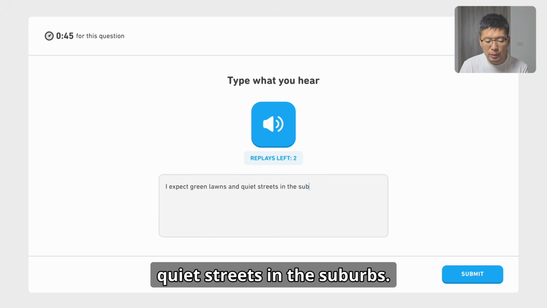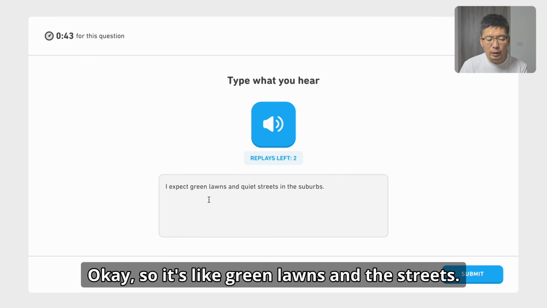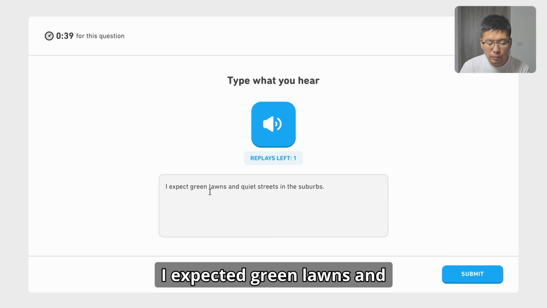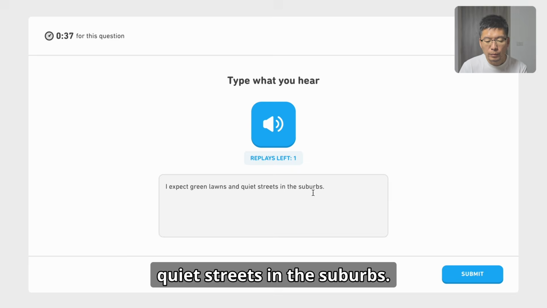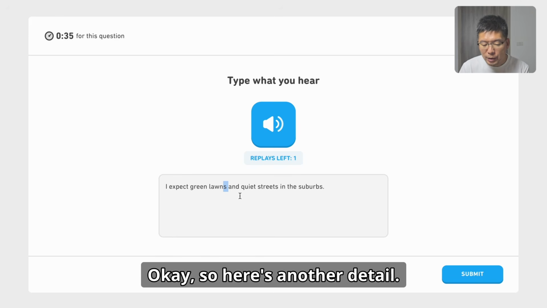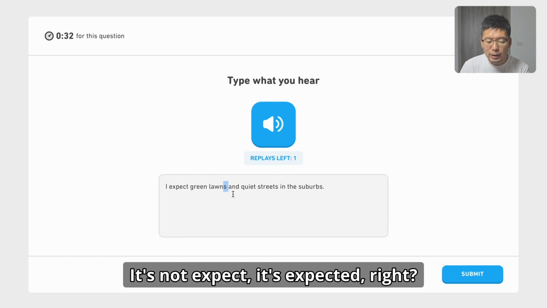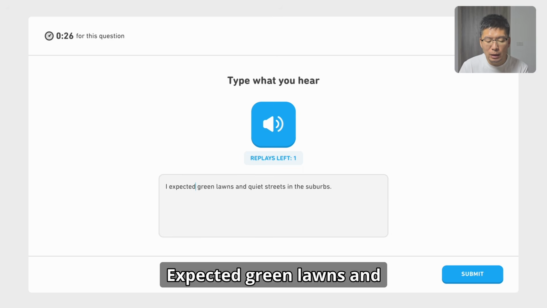Okay, so it's like green lawns and streets. Okay, so here's another detail. I don't know if you found it. It's not expect, it's expected, right? I expected green lawns and quiet streets in the suburbs.